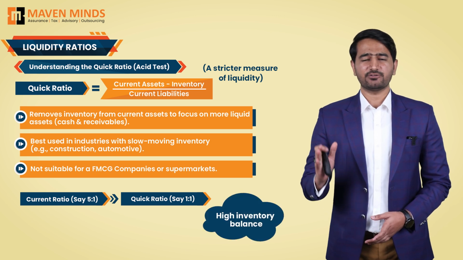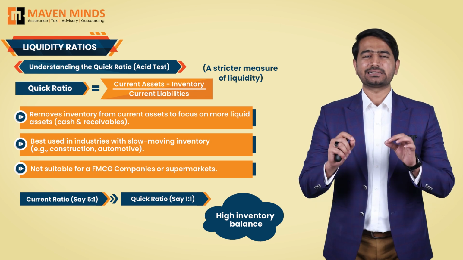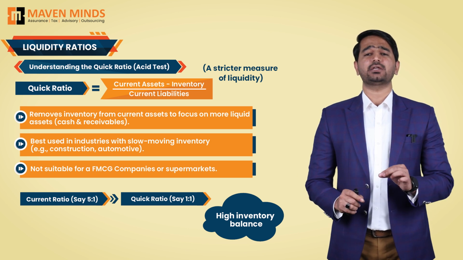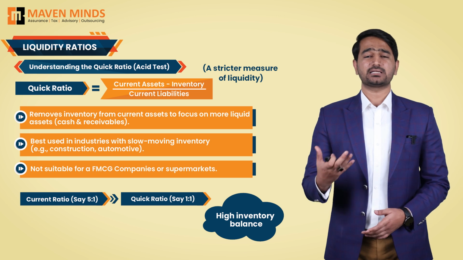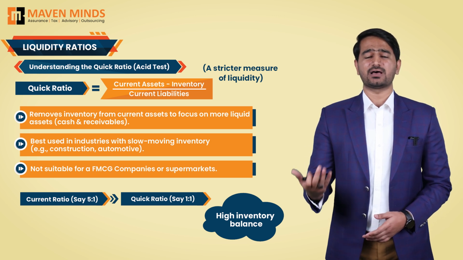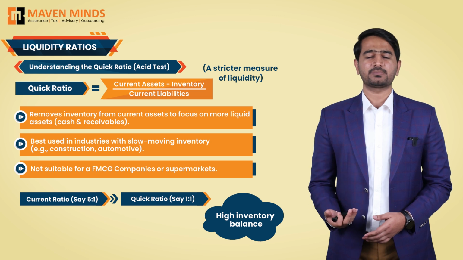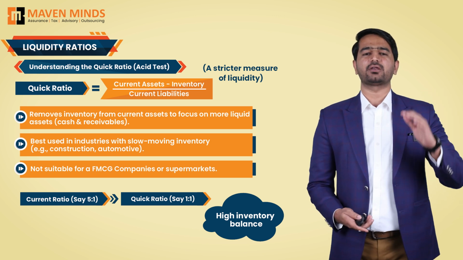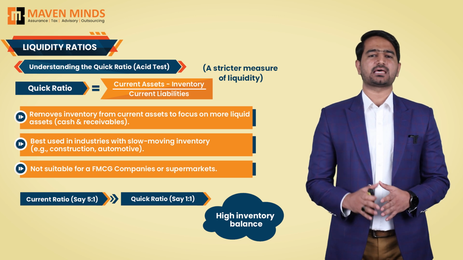The substantial difference between the two clearly indicates that the current ratio was highly inflated due to inventory, posing a risk to lenders and investors that the company is not efficiently selling its inventory and is maintaining high inventory levels. This is how you need to identify risk in your exam.